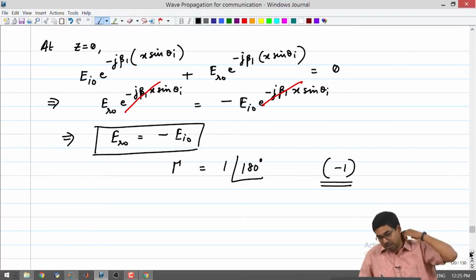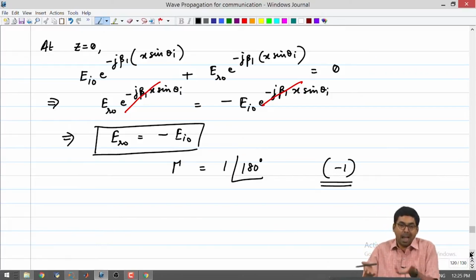So, in the transmission line, when you had voltage reflection coefficient to be minus 1, the condition that you were applying was a short circuit. So, you can say that this particular case is analogous to a short circuit in your transmission line. It is not the same, but it seems analogous to that, because you are just having electric field which is volts divided by meter. So, an analogy could be there.